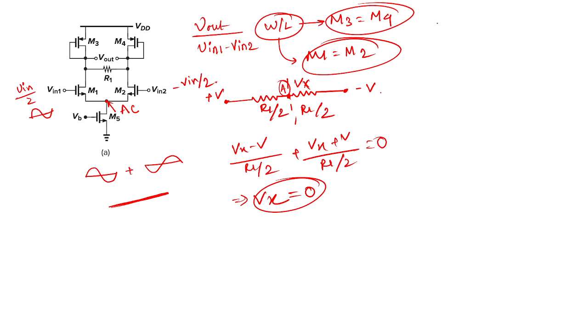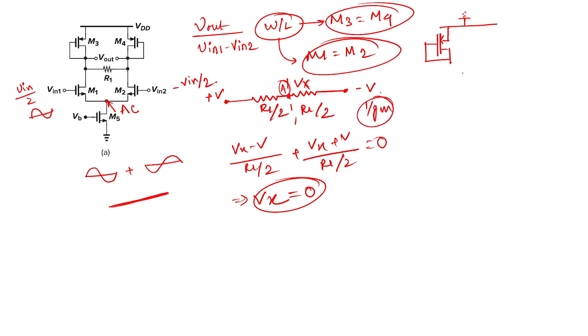Now if I modify the circuit, it will look like this. I am drawing the AC equivalent circuit. M3 and M4 are in a diode connected device configuration. As we all know, the output impedance of a diode connected device is nothing but 1 by gm.